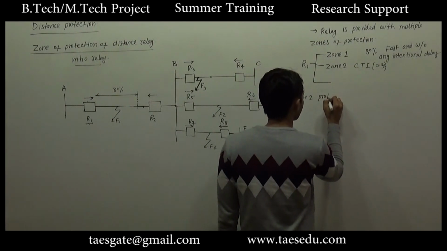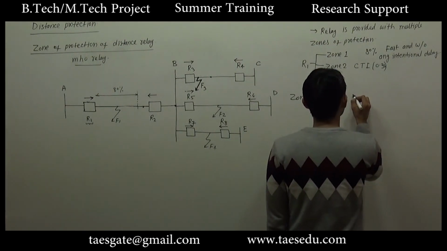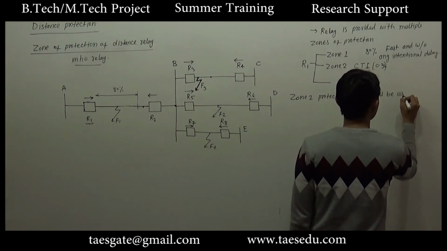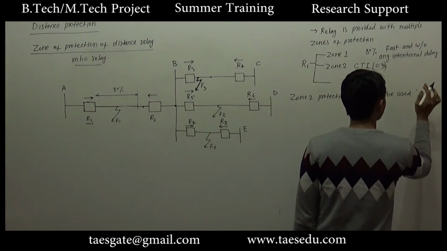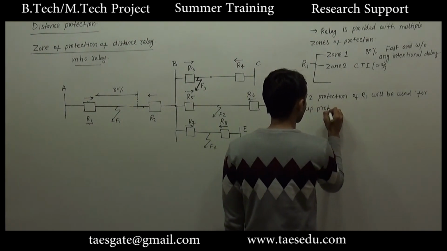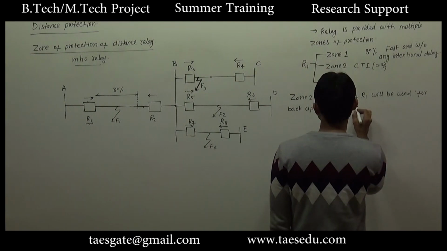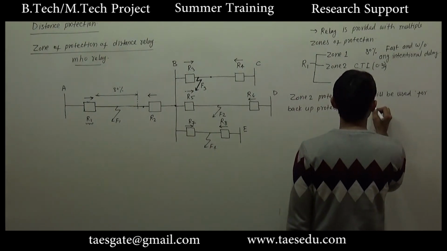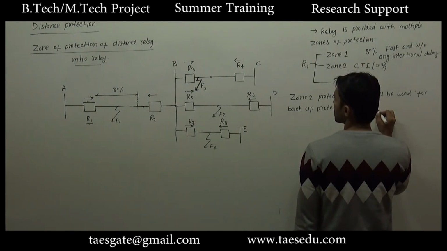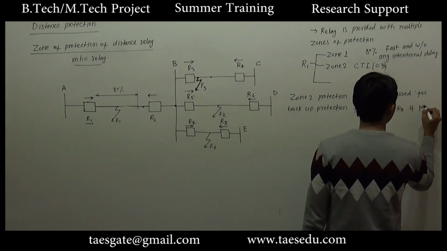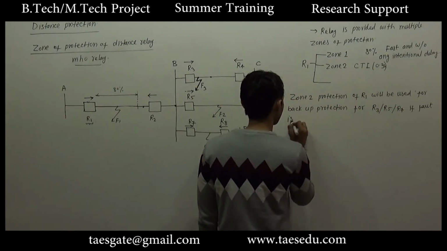So we will say that zone 2 protection of relay R1 will be used for backup protection for R3/R5/R7 if the fault is near bus P only.